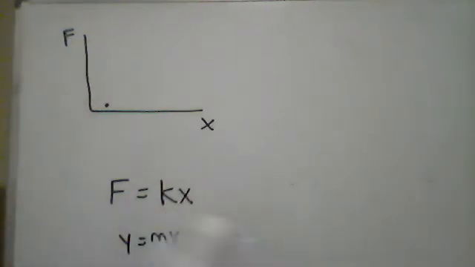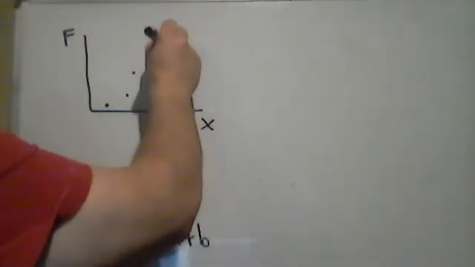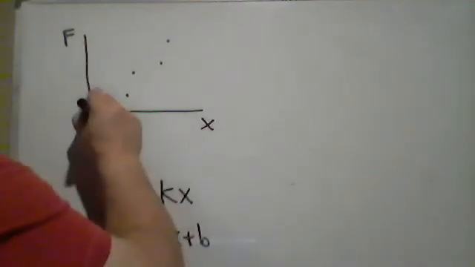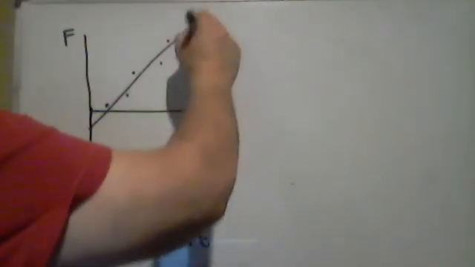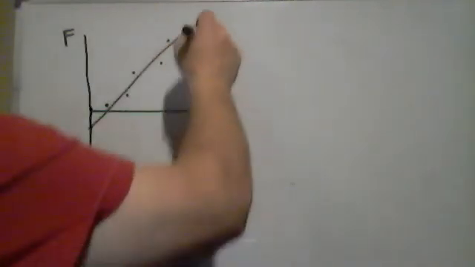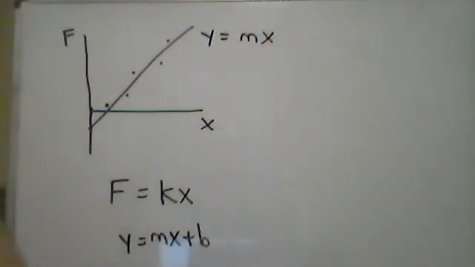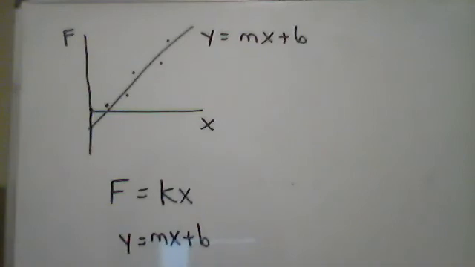I'll see data that has error and doesn't quite line up. So I can go to, let's say, Excel, and do what's called a trend line. Excel will tell you the best fit line, Y equals MX plus B. M is my slope, and B is the intercept.